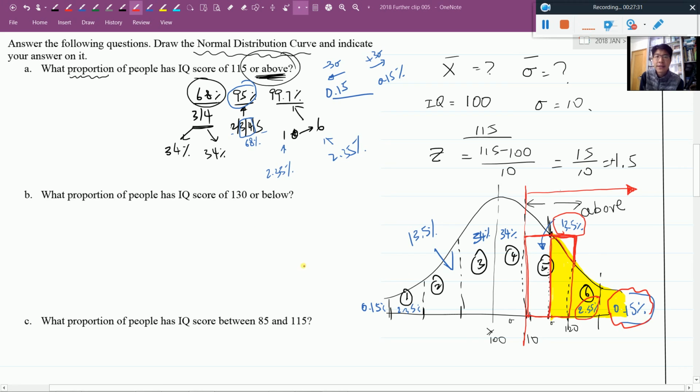calculations. So if I need to estimate, I need to add the very last one, 0.15, plus 2.35, the monster range and the expert range. Then the range number 5, I take half of it, 13.5 divided by 2.